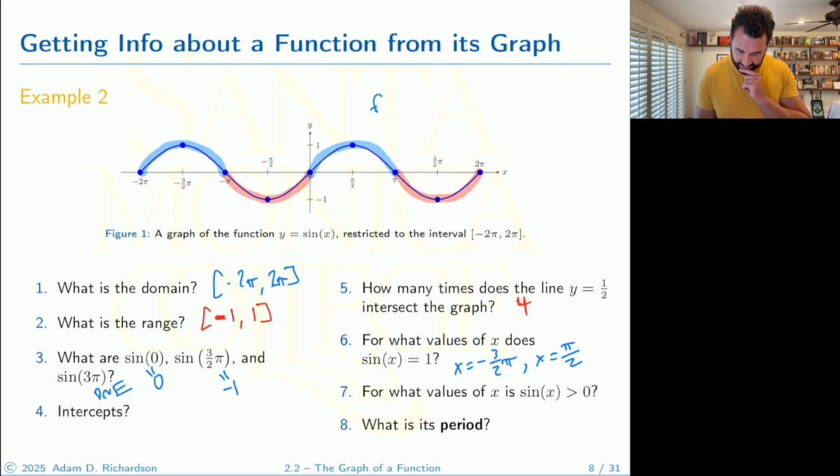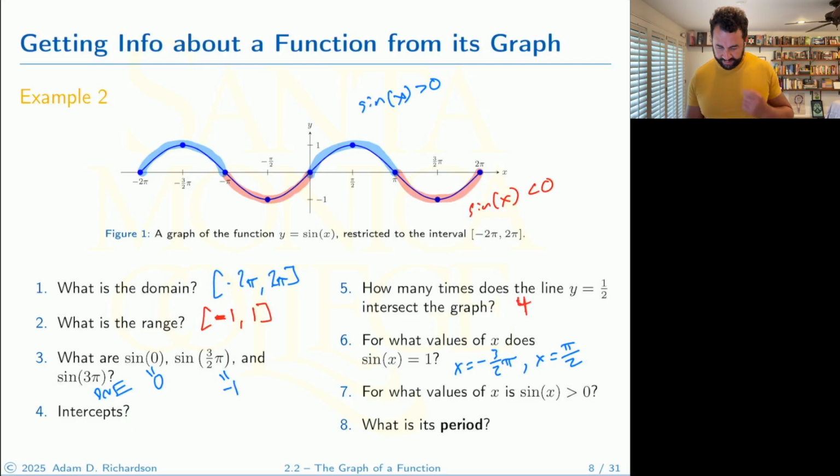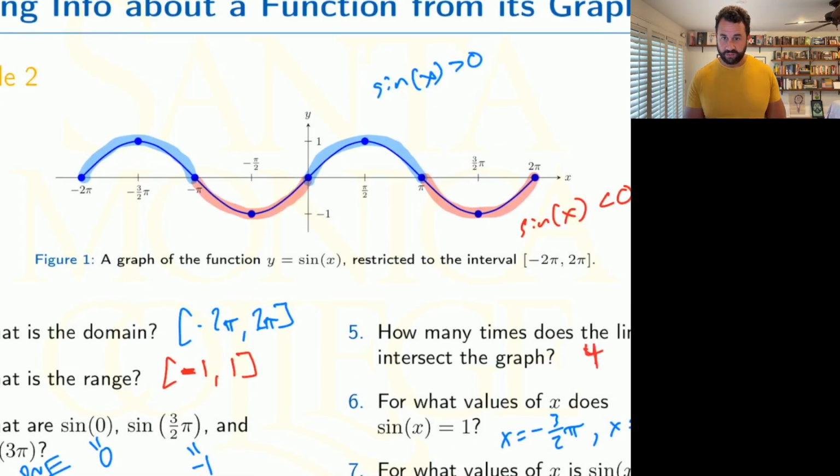Here I would say sine of x is greater than 0. Down here I'd say sine of x is less than 0. Or sorry, sine, not f. Let me erase that. There we go. So there are a lot of x values where it's going to be above the x-axis. Can zoom in a bit on this one.